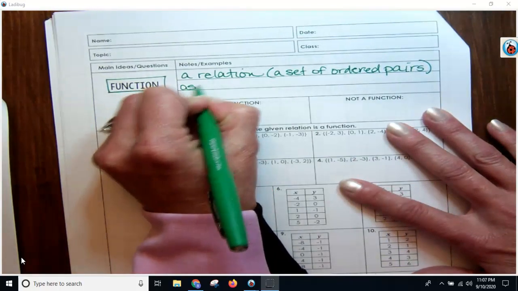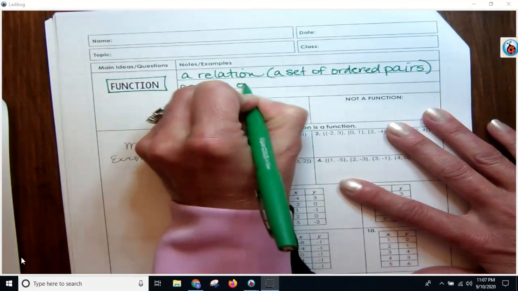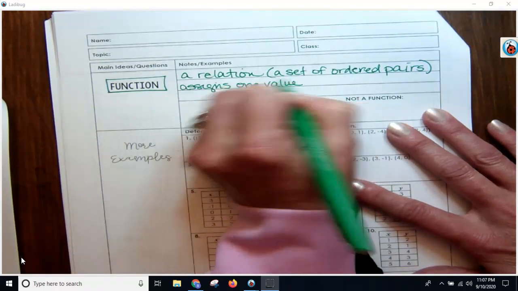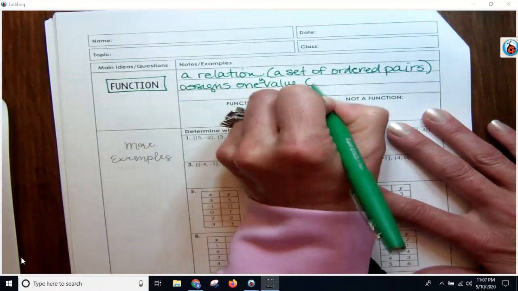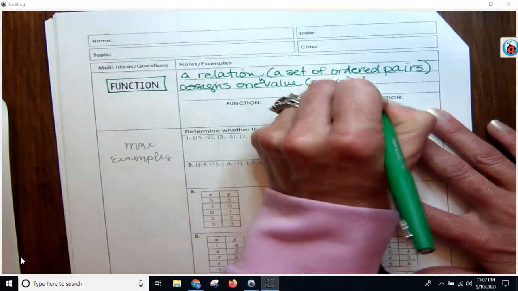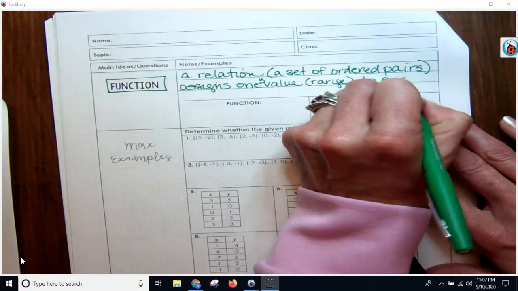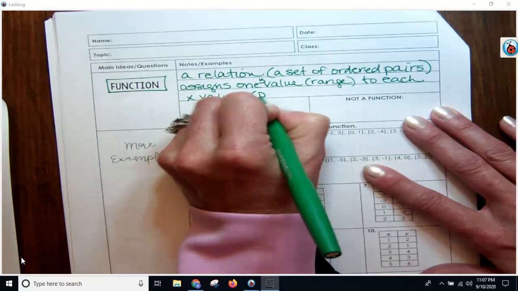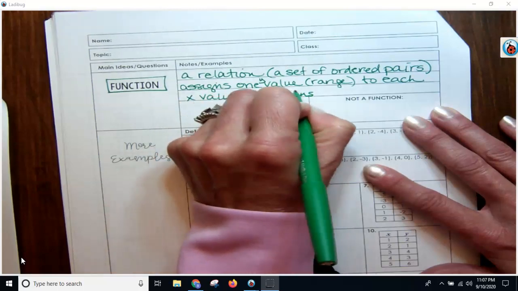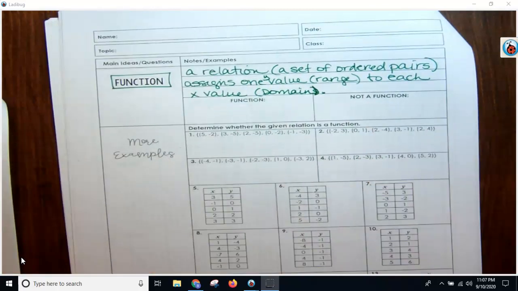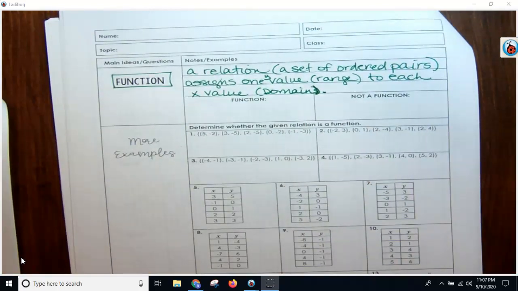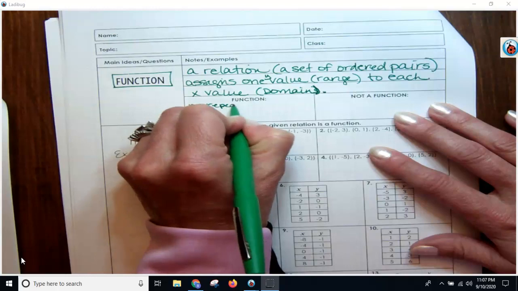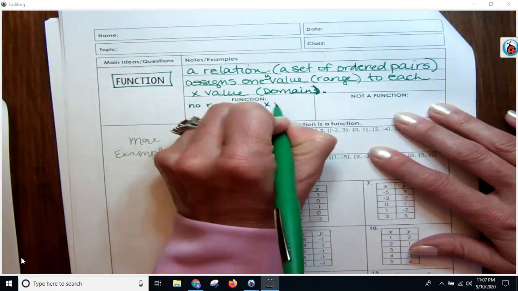It assigns one value, or one y value, the range, to each x value, or your domain. And what that means is a function basically has no repeating x values.